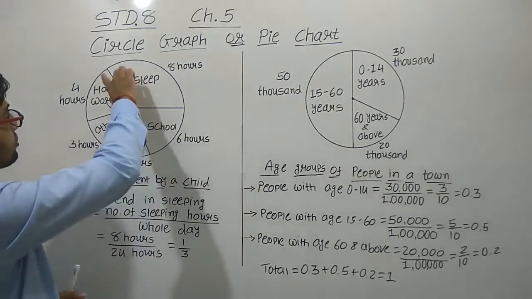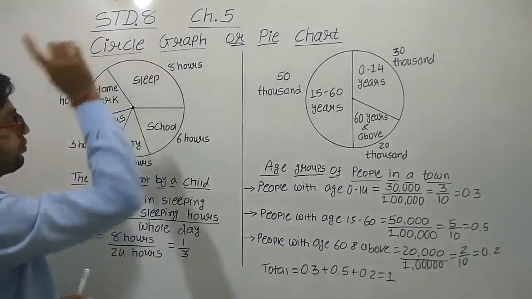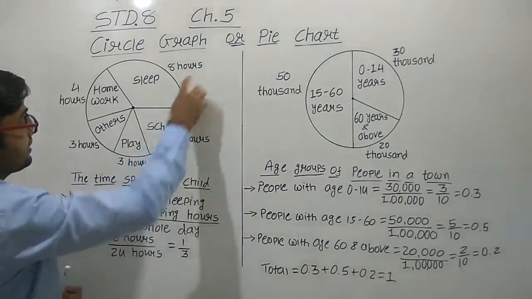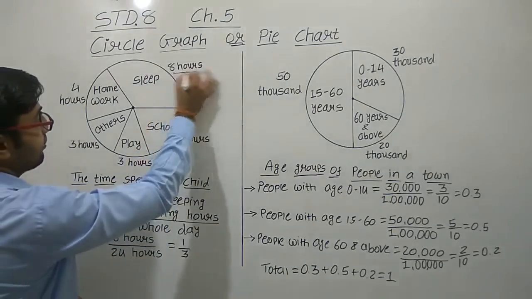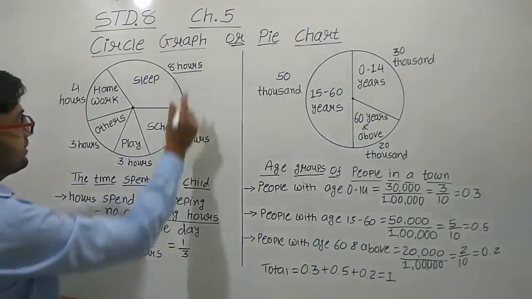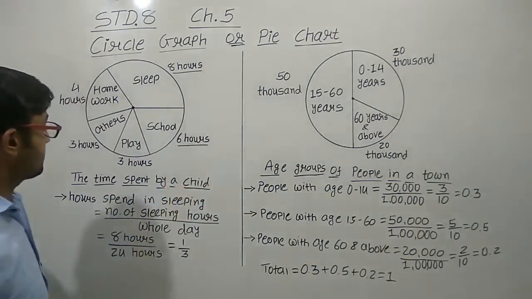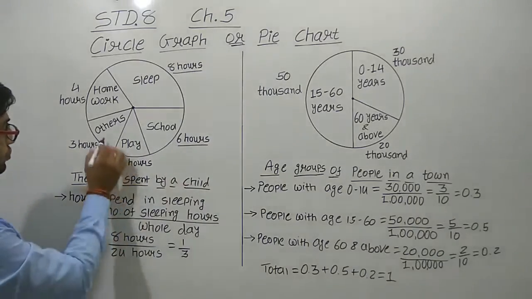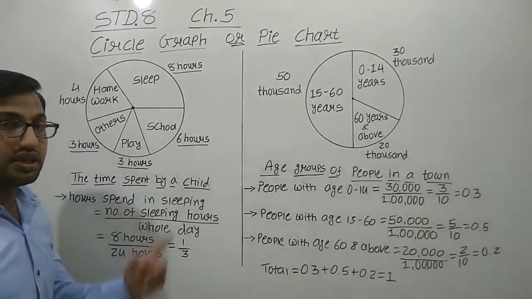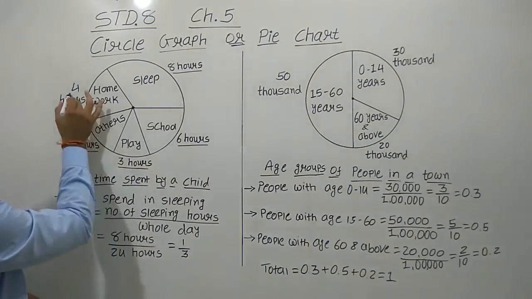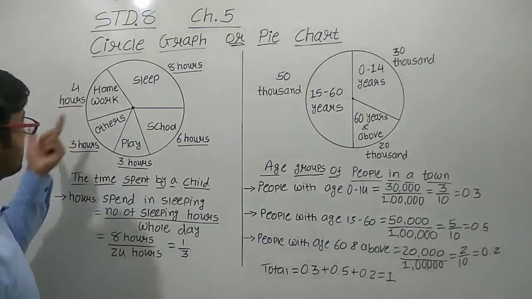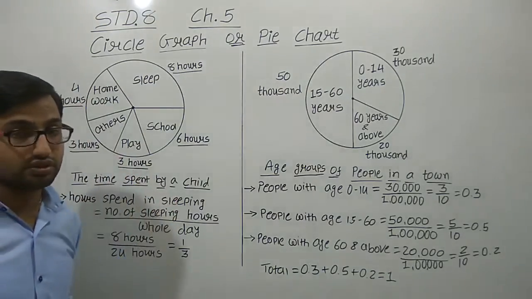See, this portion is the greatest portion of this circle, the greatest sector, and this represents 8 hours. This is smaller, and this represents 6 hours. Again, these two are the same and both represent 3 hours, and this is greater than these two sectors and represents 4 hours.